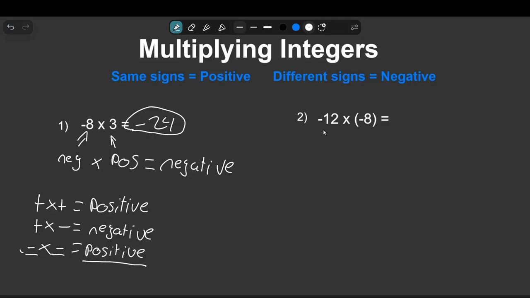So minus 12 times minus 8 will give us 96, because we are working with the same signs. If the 12 was a positive number, we would get minus 96, because then it would be two different signs. But in this case, we have the same signs, so it's going to be a positive final answer.